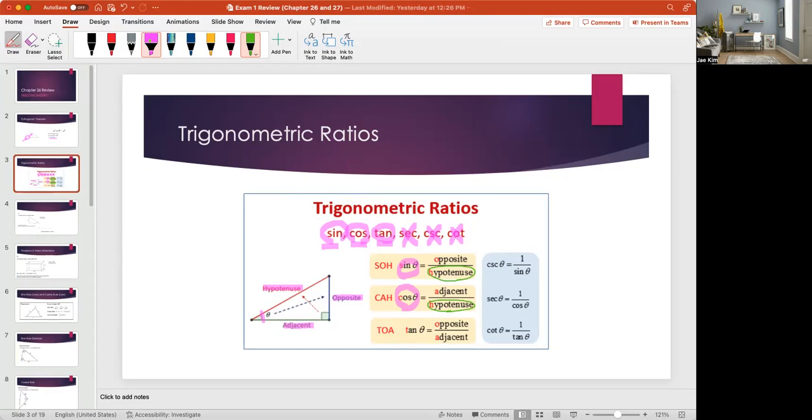Tangent, on the other hand, does not deal with hypotenuse. Tangent equals opposite over adjacent. So you must memorize these three in order to use sine, cosine, and tangent in chapters 26 and 27 as well. So let's do some practice questions.